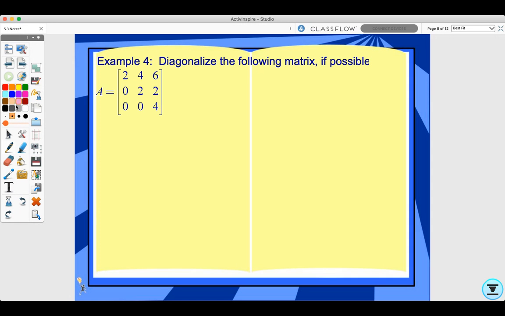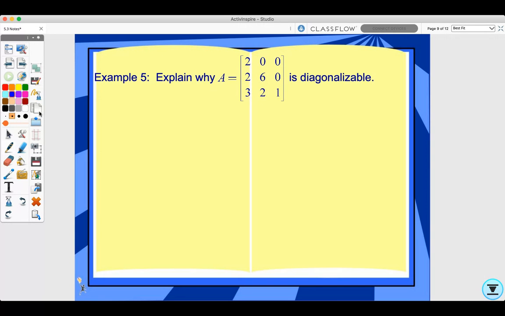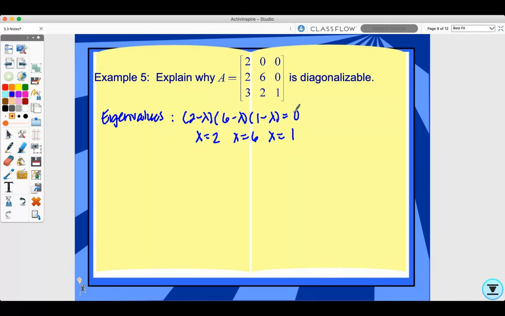Let's look at example 5. Explain why A is diagonalizable. So let's go ahead and look at this as triangular. So I can find my eigenvalues: lambda equals 2, lambda equals 6, lambda equals 1.